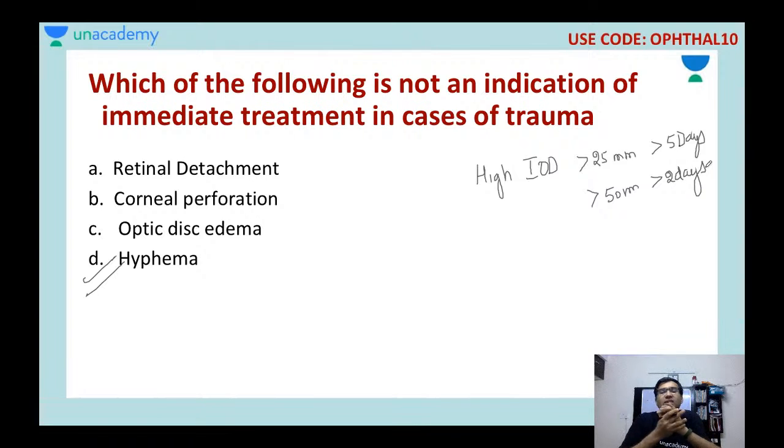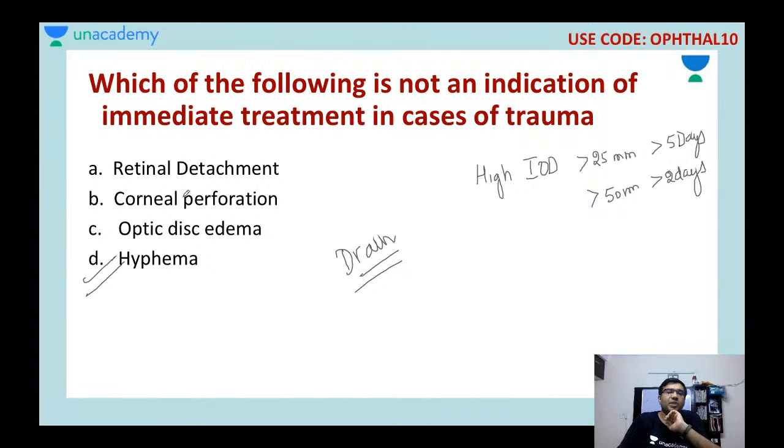Or the patient has endothelial blood staining of the cornea, or a high chance of recurrence of the bleed, like the patient suffering from sickle cell anemia. In these cases, you need to drain the hyphema. In other cases, it would settle on its own. You do not need any active intervention.